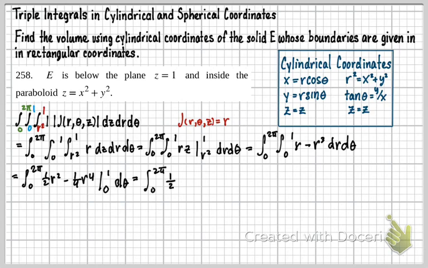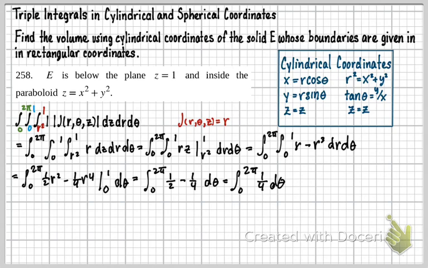So this is going to end up being the integral from 0 to 2 pi of 1/2 times 1 squared, which is 1/2, minus 1 to the 4th times 1/4, which is minus 1/4. And then like I said, when I plug in the lower bound, it's going to be minus a 0, so I'm not going to worry about it. And that's going to be d theta. And I can put those together now. 1/2 minus 1/4 is 1/4. So that's going to be the integral from 0 to 2 pi of 1/4 d theta.